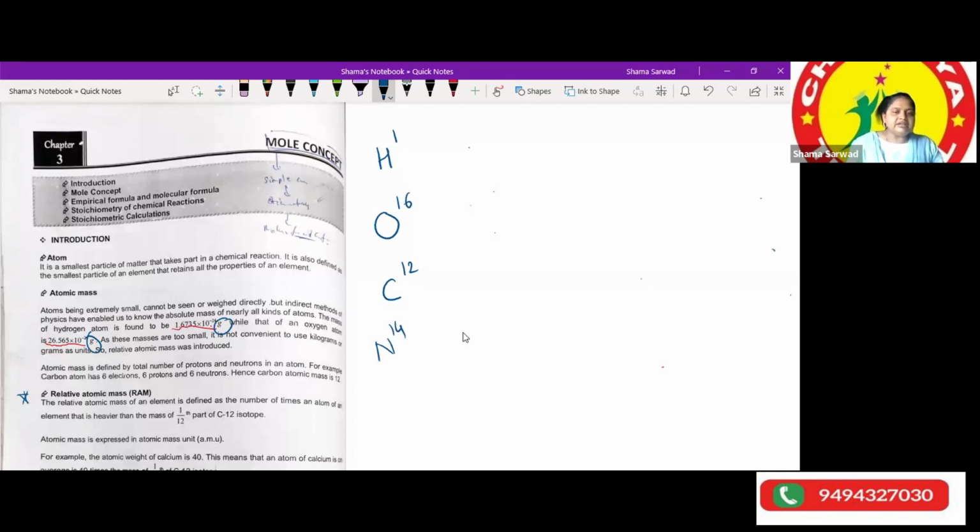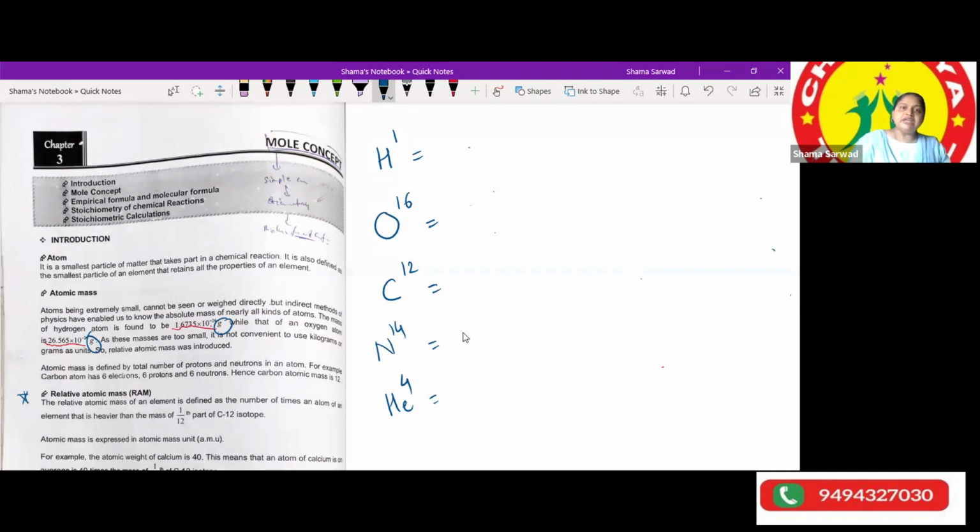Helium atomic mass 4, correct? These are the atomic masses for the elements. So the atomic mass of any substance, when you express it in grams, is nothing but 1 mole of that particular substance.